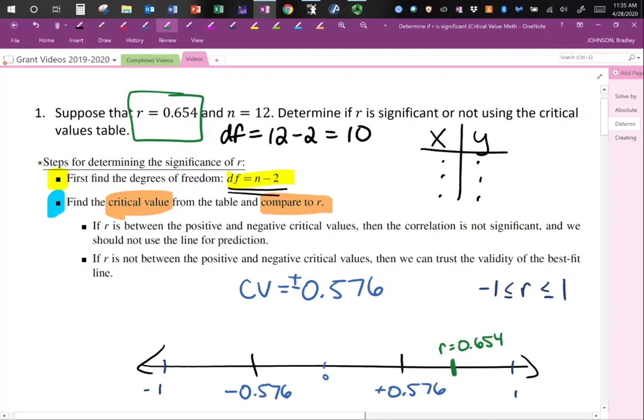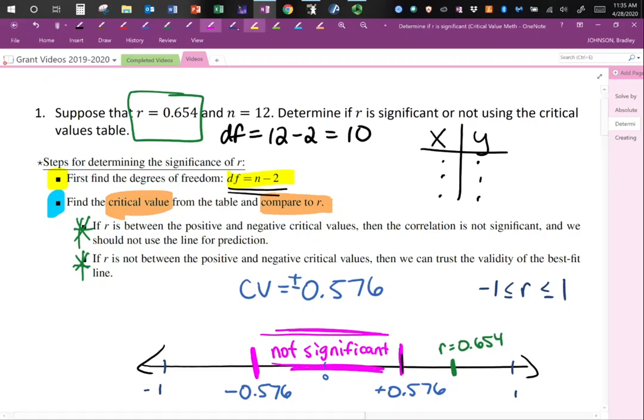Now let's think about what our rules state with these two bullet points here. If R is between, not significant. So I will label right here, this is the not significant region, right? From here to here, this is the not significant area.